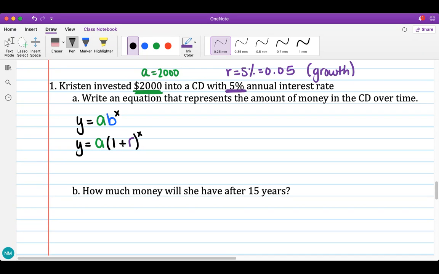If it was decay, it would be minus R. So I just plug everything in at that point, right? So I have Y equals 2,000 times 1 plus R, which is 0.05 to the X. And then I just rewrite this as one number. So I get Y equals 2,000 times 1.05 to the X.